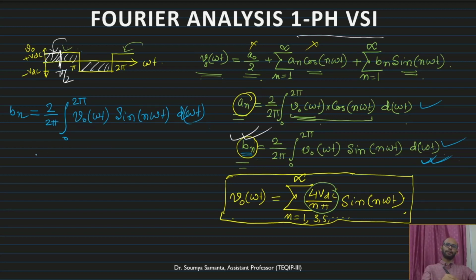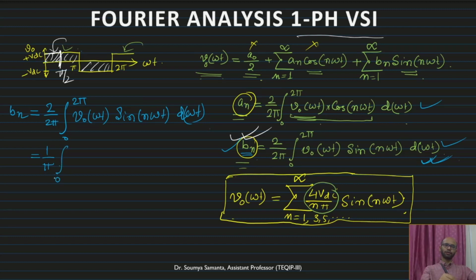Now here, suppose this is 1 by pi. I'm not considering the half wave symmetry, I'm just simply putting it here.